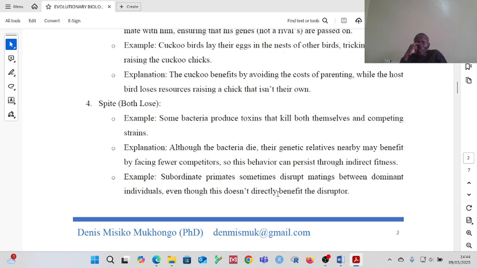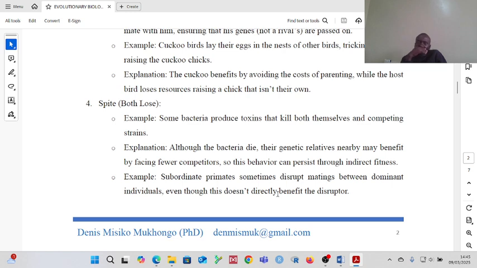Direct fitness is when an organism enhances its own survival until reproductive maturity, then it reproduces. But indirect fitness is when an organism enhances the fitness of another organism, not itself. So in this case, the bacteria is killing itself together with competitors so that its genetic relatives within the neighborhood may benefit because there is now a reduction in competitors.